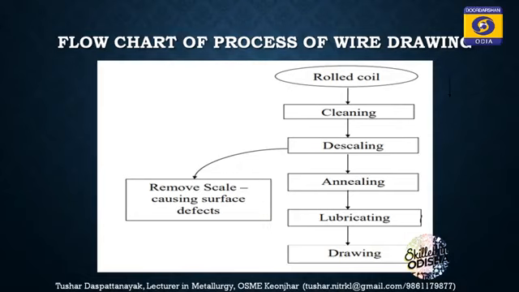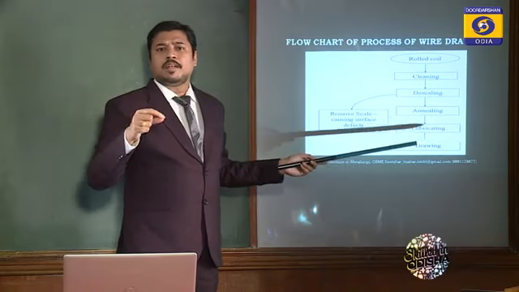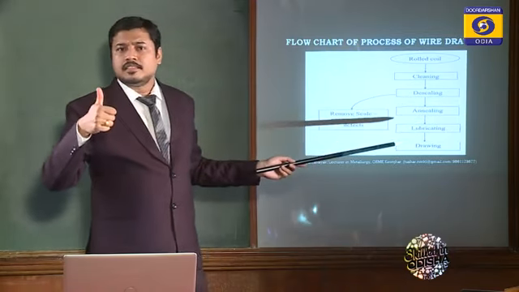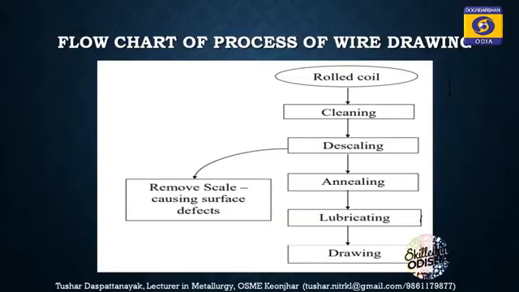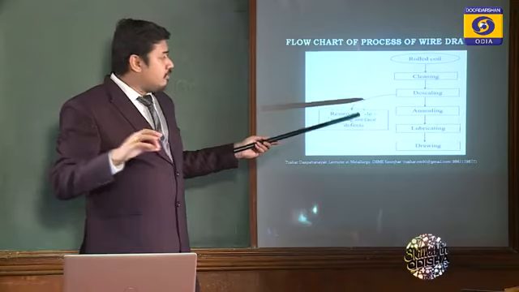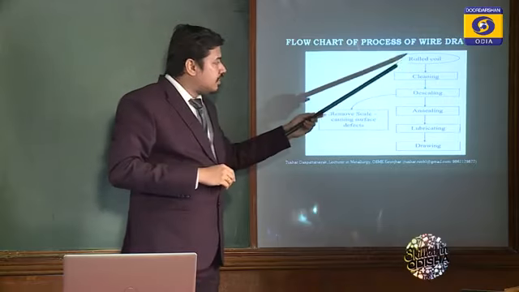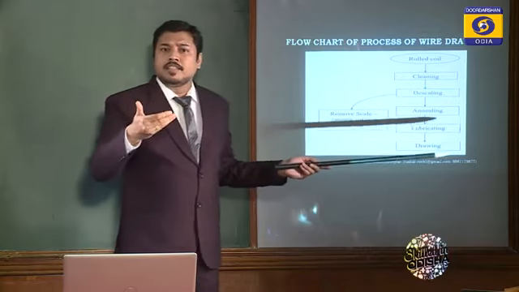Next is annealing. Annealing is done to remove residual stress and to increase ductility. Where does that come from? That comes from the previous rolling of the rod. When the rod was previously rolled, there might be some kind of residual stress.